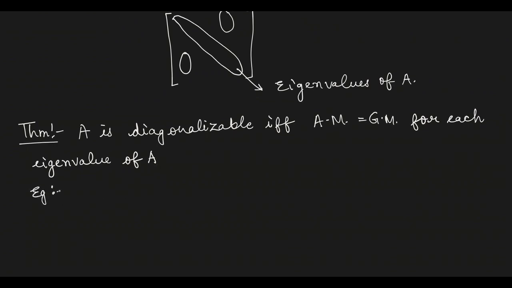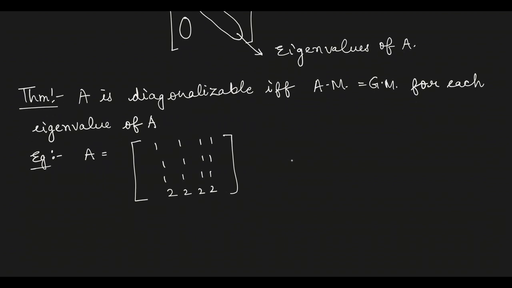Example. Firstly tell me what will be the eigenvalues. It's 5 and 0, 0, 0.